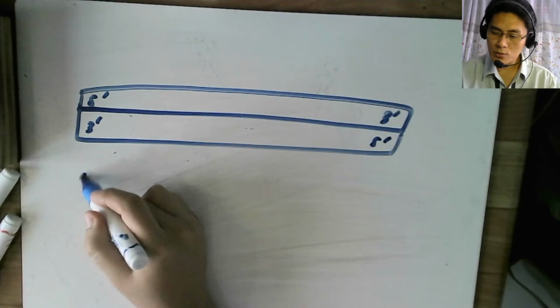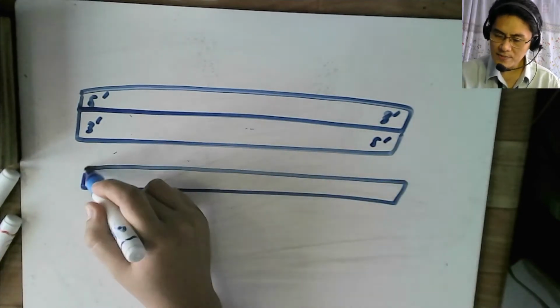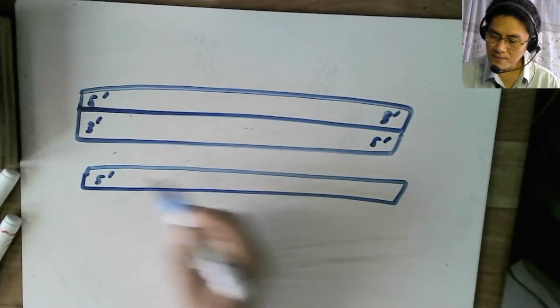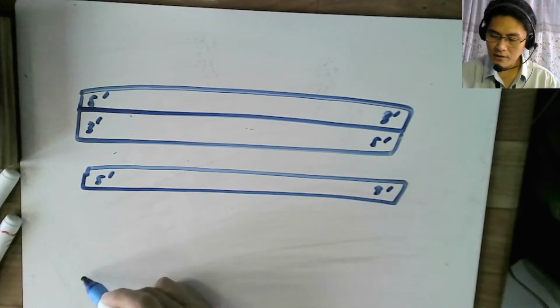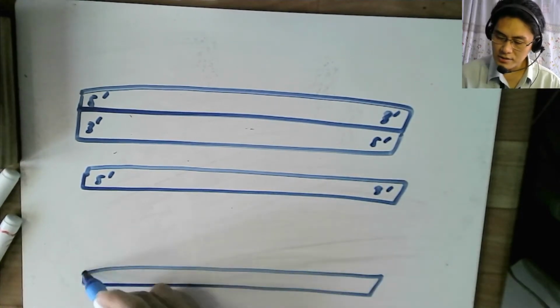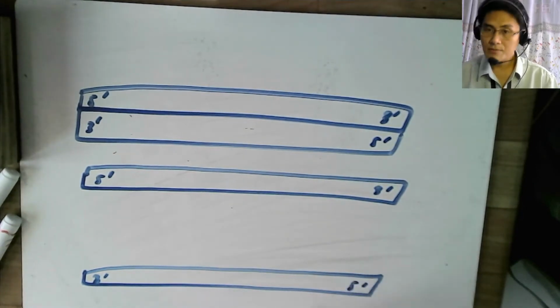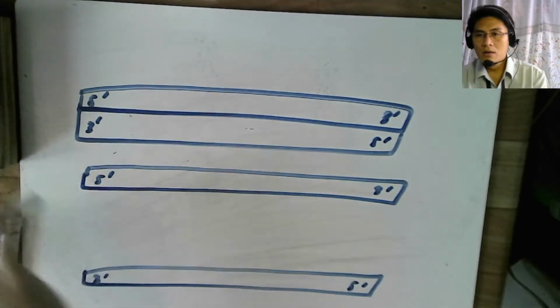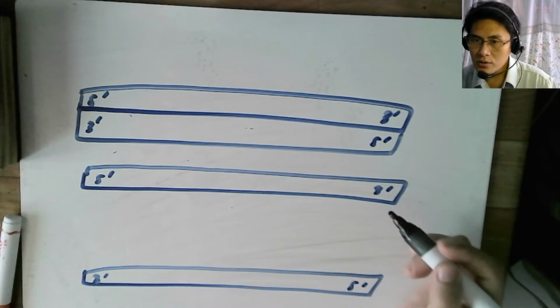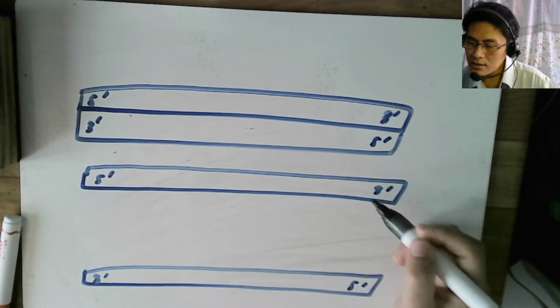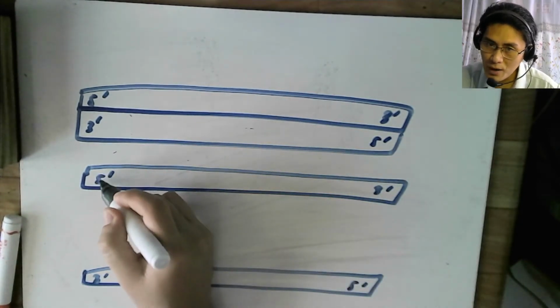When this splits open, this is 5 prime and 3 prime, and the other end is obviously the same as the upper part, 5 prime to 3 prime. So again, take note, this strand has 5 prime to 3 prime.